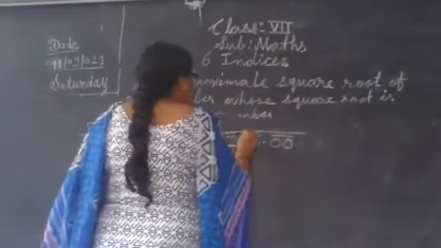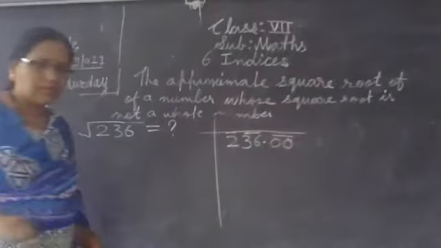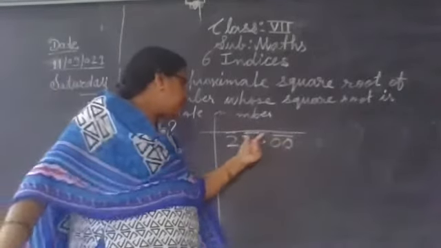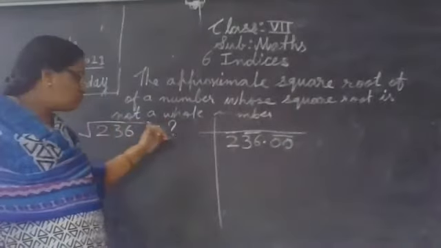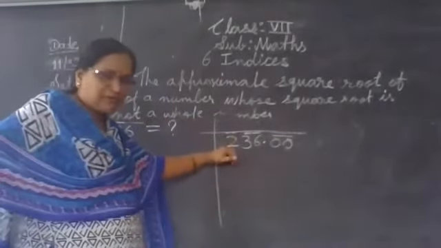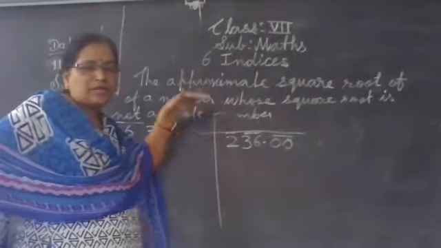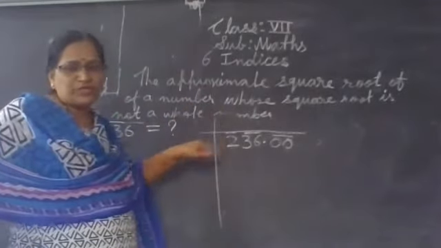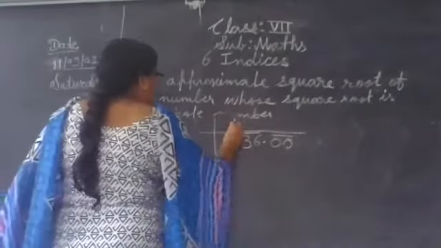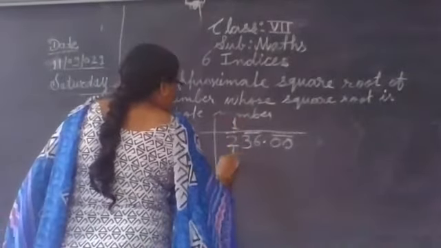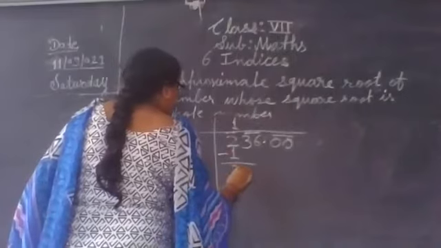Okay, so here 2 is left, so this pair, and 2 is unpaired. Okay, so again we will choose a number which is the perfect square or the nearest perfect square of these two. So only one ones are 1, subtract.